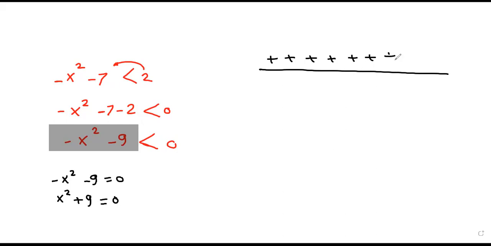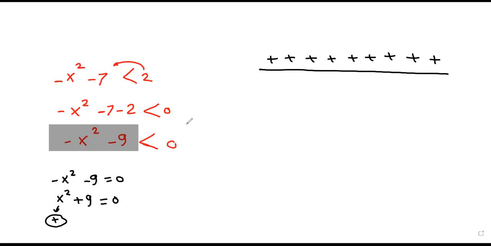We don't have negative and we don't have 0. And if you want to check in simple words, just take 100 and substitute, you'll find it's positive. Take -100, it's positive. Take 0, it's positive. Take -3, positive, because x squared all the time is positive, and the positive number plus 9 all the time is positive.